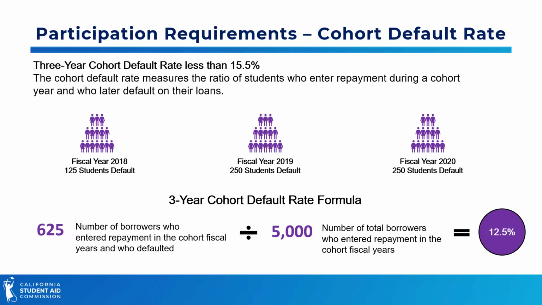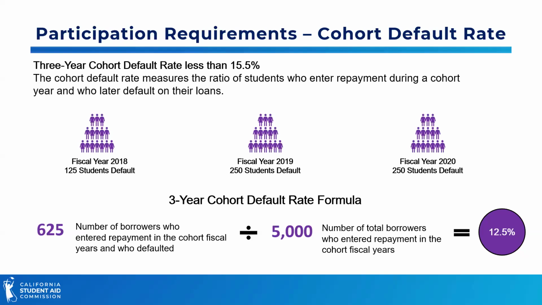So we're looking at fiscal years 2018, 2019, and 2020. Over the course of this 3-year period, this particular example school had 625 student loan borrowers who entered repayment during the cohort fiscal years who later defaulted on their student loans.